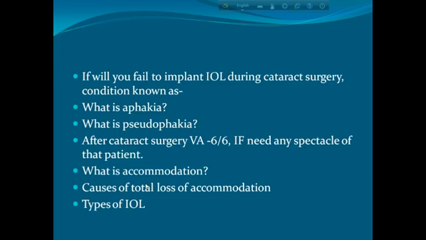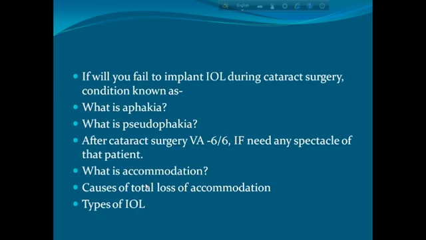What is the answer? If the IOL is an accommodative IOL or multifocal IOL, usually there is no need for any spectacle. But commonly surgeons implant a unifocal IOL, which only helps in distance vision. So vision is 6 by 6, but there is some difficulty in near vision.